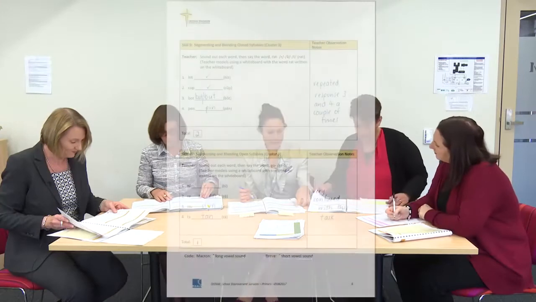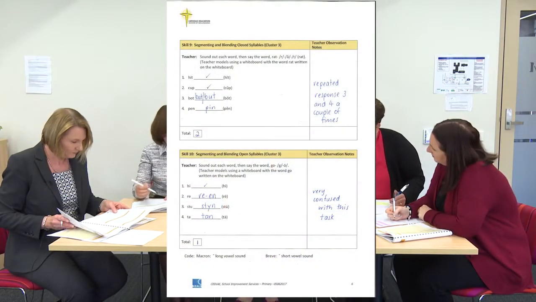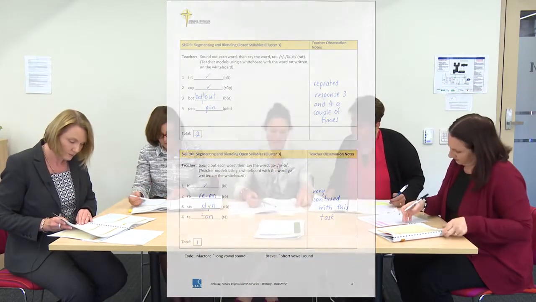And then when I've asked him to produce a medial vowel in a word, he was only able to do that in one response. And if you have a look at skill number 9 and 10, item 3 confused him with bot, because what I found was he was using memory rather than reading the word.